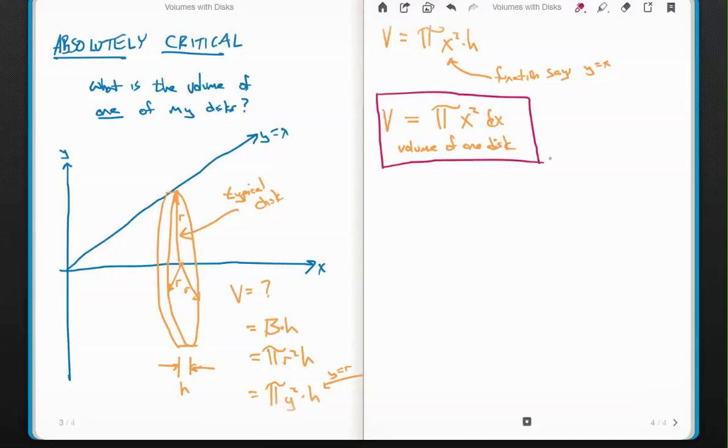All right. The volume of one disk. But I don't want the volume of just one of my disks, I want all of my disks.